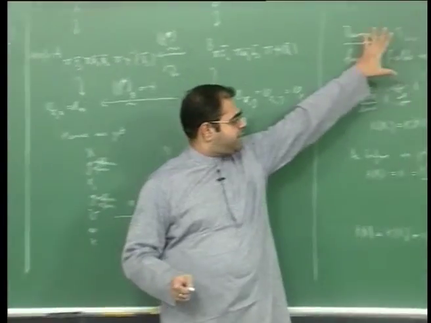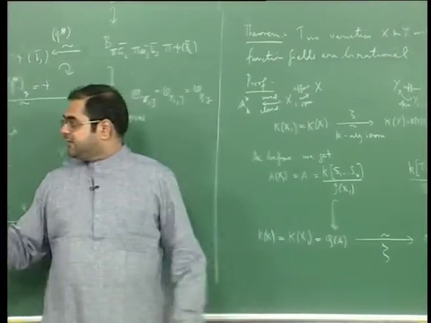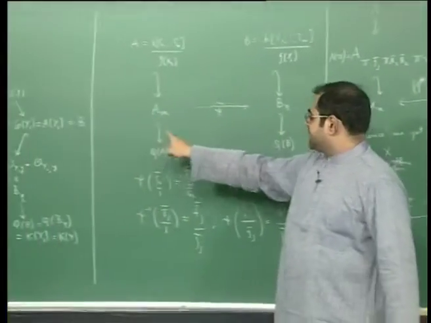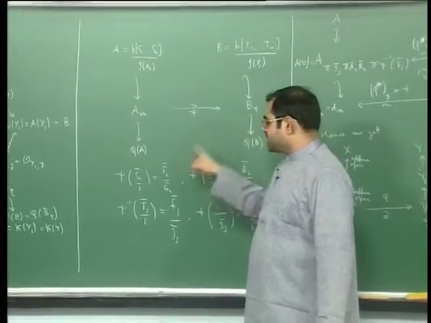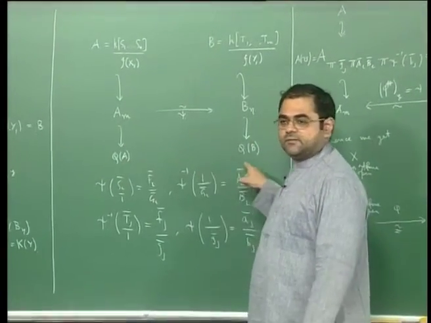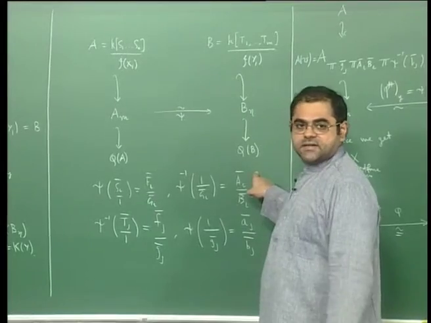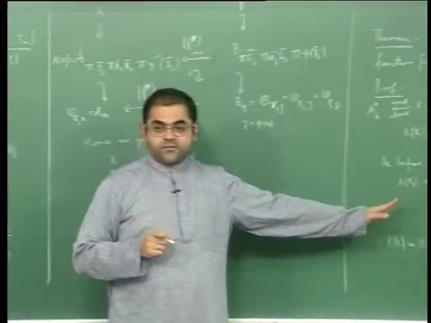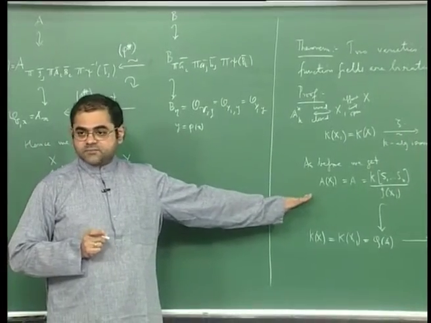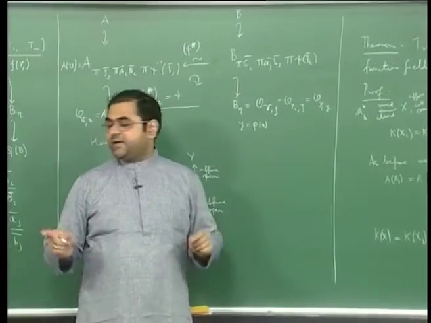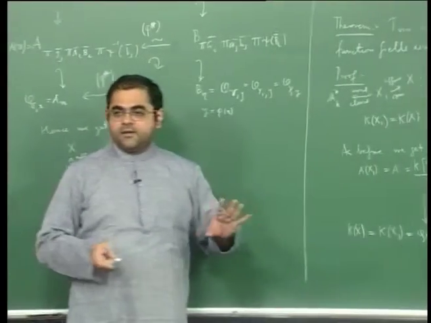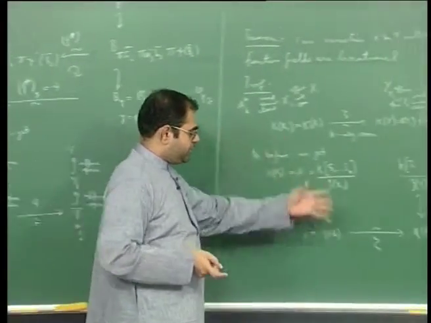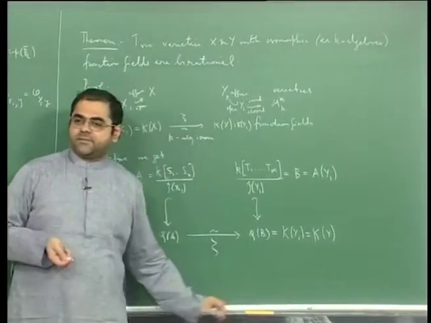If I had given you this statement first, then if you go back to this situation, this isomorphism between local rings will induce an isomorphism between the quotient fields, and if I grant that I have already proved that it is birational, I am already done. So in a way this could have been deduced from here, but there is no harm in doing it like this because you learn some techniques, okay.